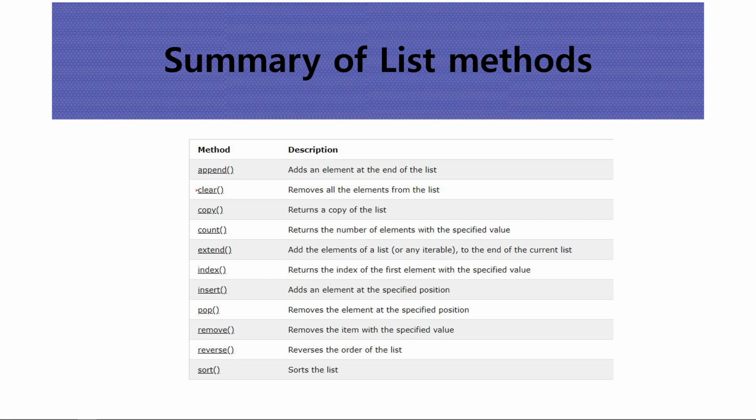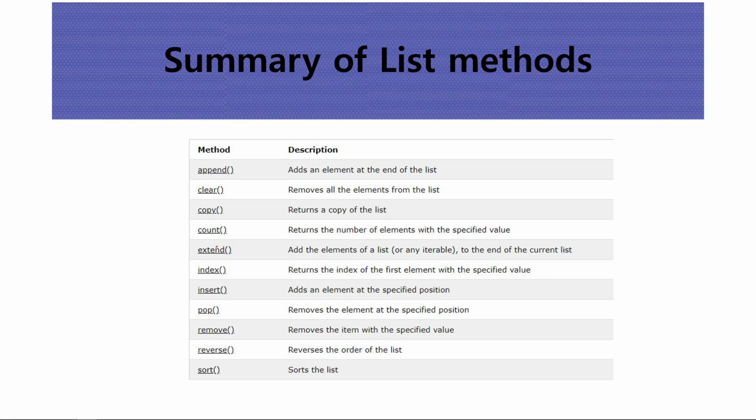They're nicely available on Google or Stack Overflow. And we have copy, which gives us a copy of a list. We have count, which counts how many times something has occurred. So if I say numbers dot count 5, it would tell me how many times 5 has occurred in this list.